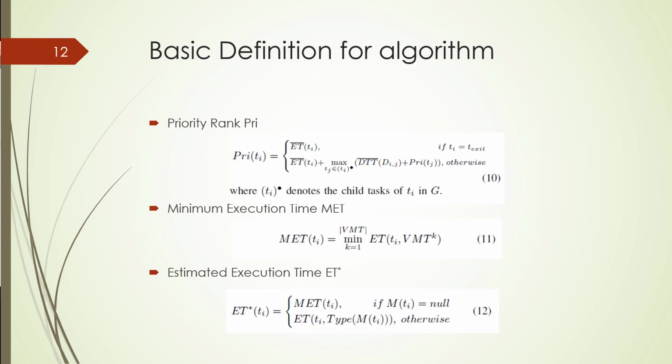We have the minimum execution time, we call it MET. So think that we are given a workflow graph G and a cloud computing environment C. The minimum execution time of a task TI, if the MTI is equal null, is the minimum estimation time for k between 1 to the virtual machine types, for the task TI over the virtual machine k.